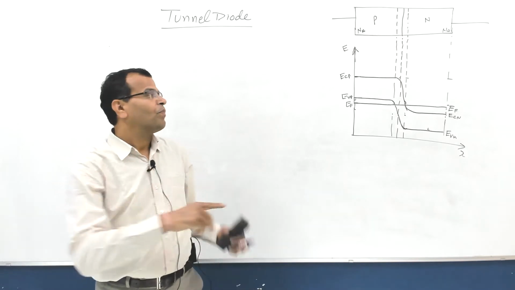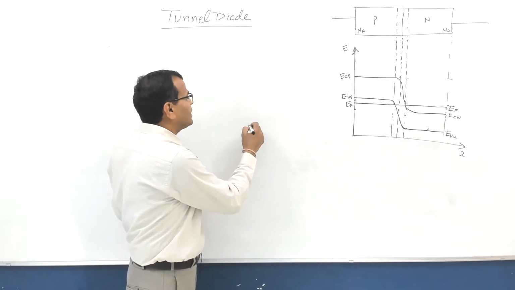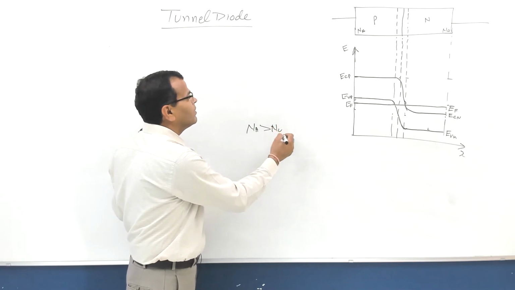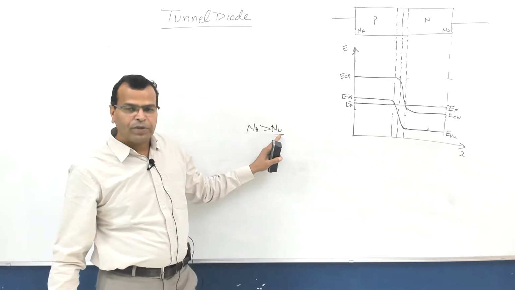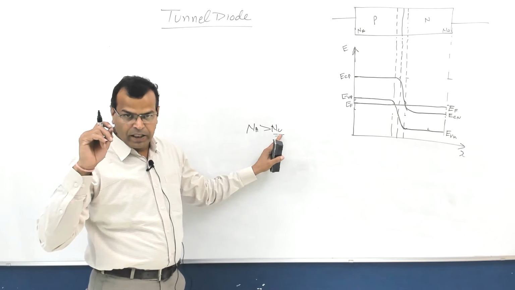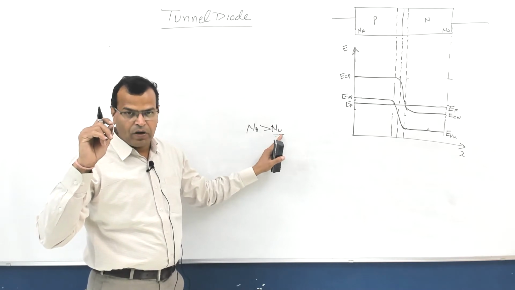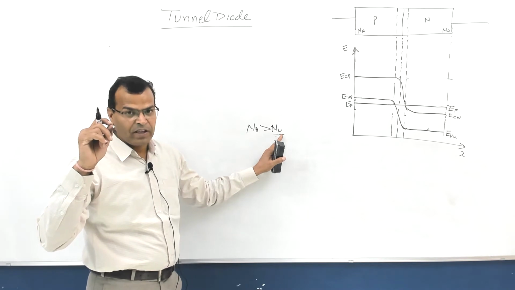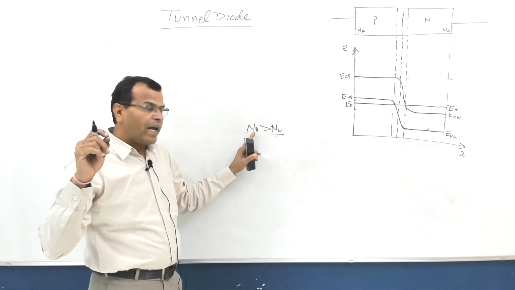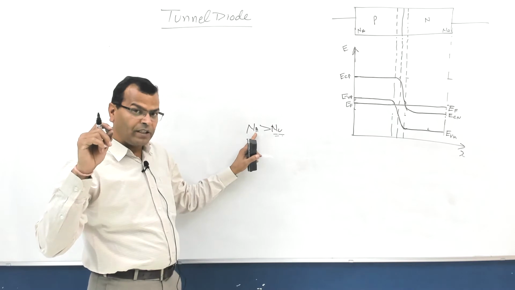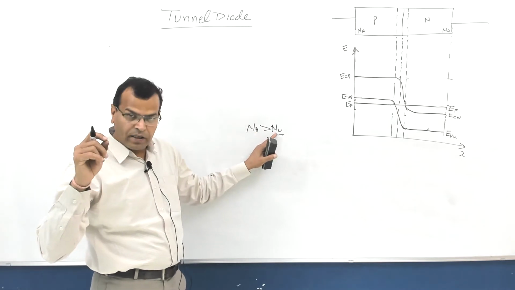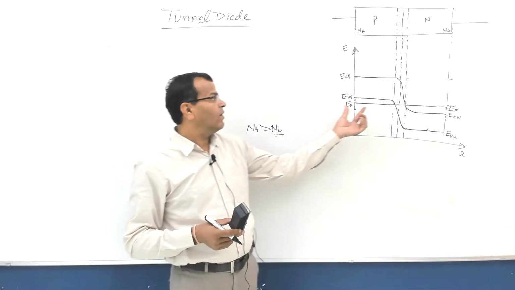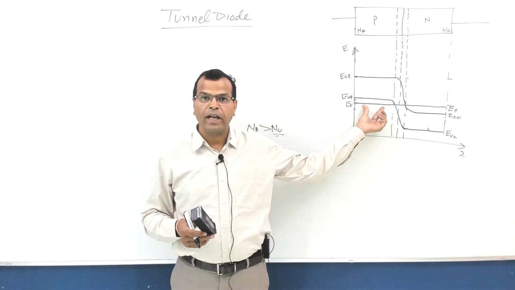I repeat, when the acceptor concentration becomes greater than the density of states in the valence band. Please try to recall my video on Fermi levels. There I discussed that when the acceptor concentration on the P side is more than the density of states in the valence band, the Fermi level enters into the valence band.